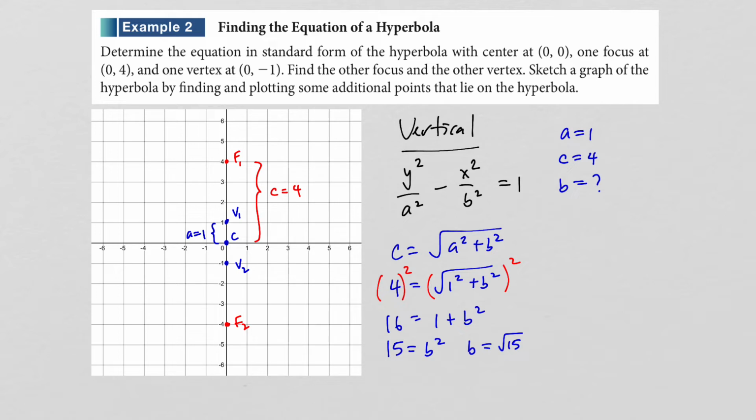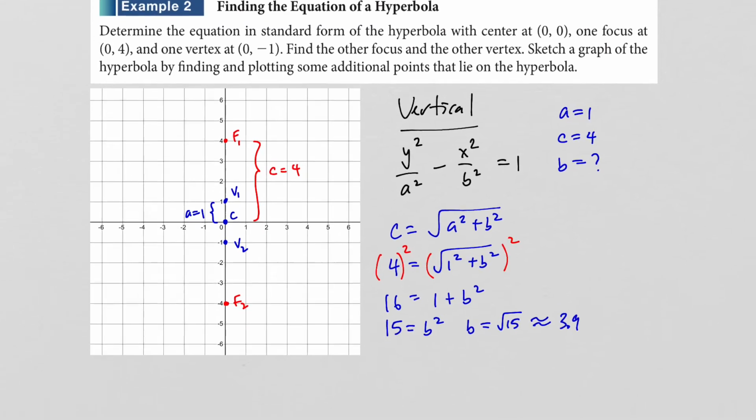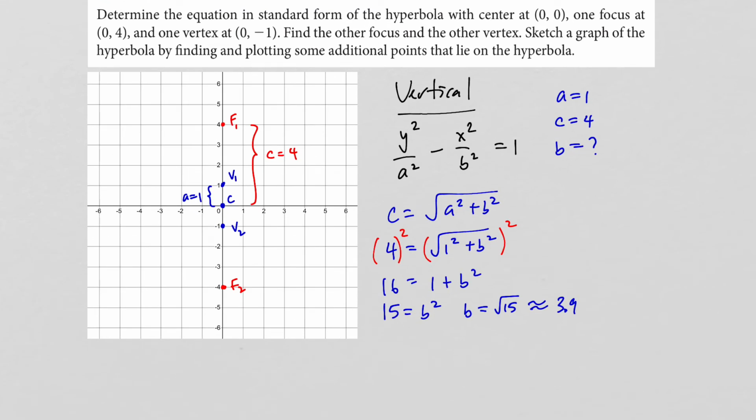All right. Now the square root of 15, if you plug that into a calculator, you get about 3.9. That's for graphing purposes, all right? But for the actual equation, b squared is actually the value that we need, right? So we're just going to put b squared, which is 15, right in there. And a is 1, which means a squared would also be 1.